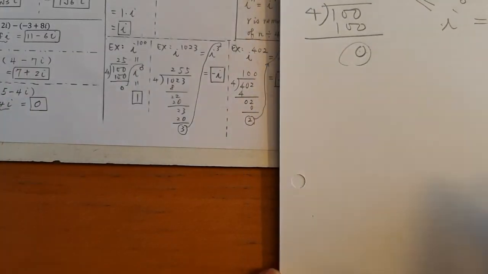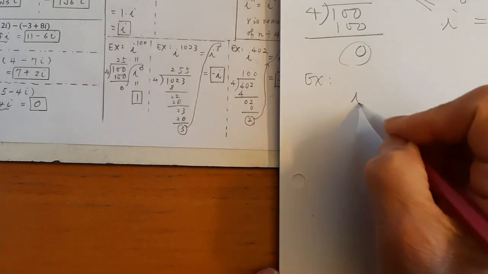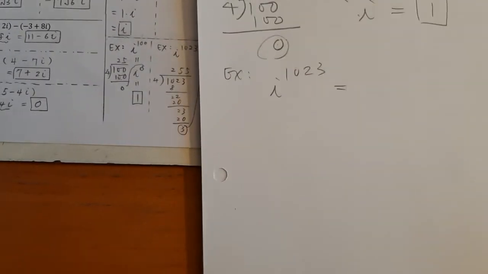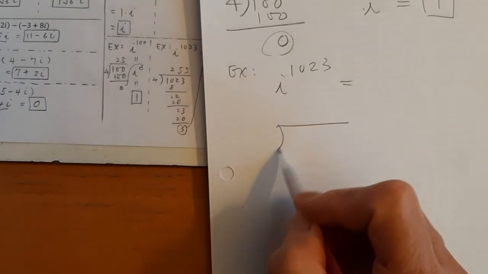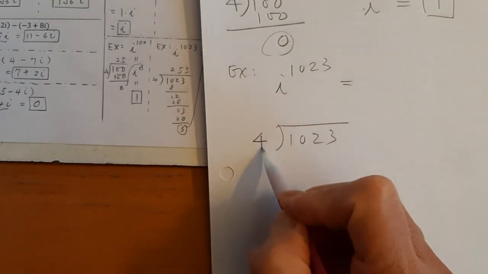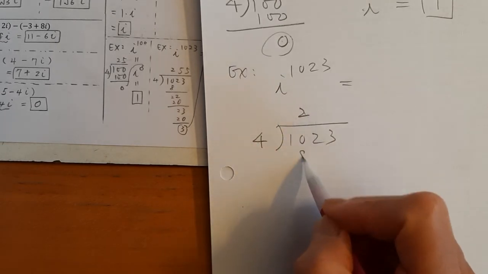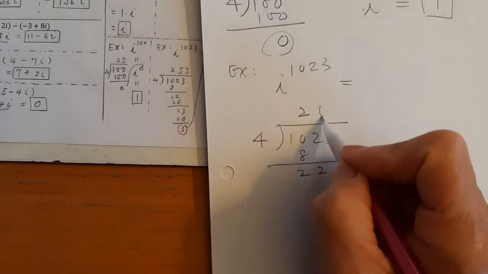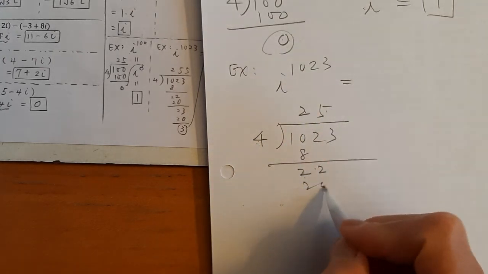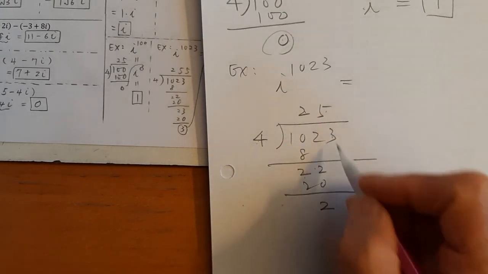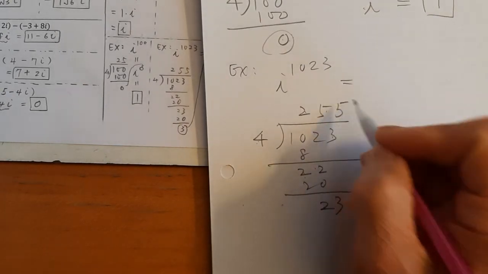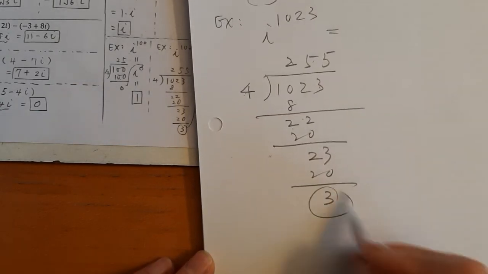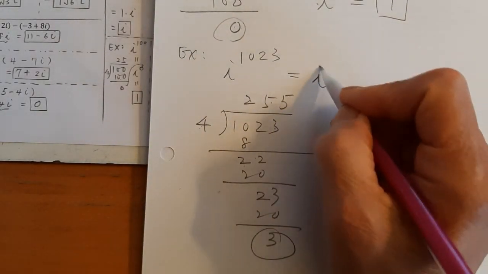Another example, like i to the power 1023. The quick way is to divide 1023 by 4. You get 2 with remainder 2 after 4 times 2 is 8, subtract, bring the 2 down, get 5, 4 times 5 is 20, subtract, get 2, bring 3 down, get 23, 4 times 5 is 20, and the remainder is 3. So pick up 3, which equals i to the power 3.